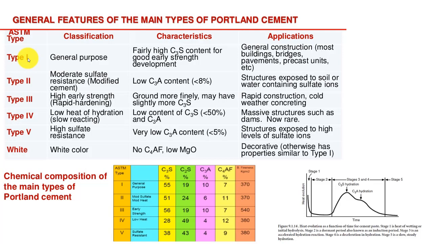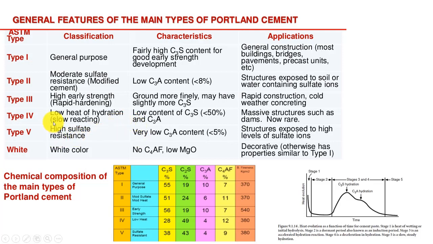Fourthly, you have a low heat cement that is used with considerably lower tricalcium silicate content. Lastly, you have a high sulfate resistance cement, to be used in marine environment or environment which is fairly exposed to sulfate attack.